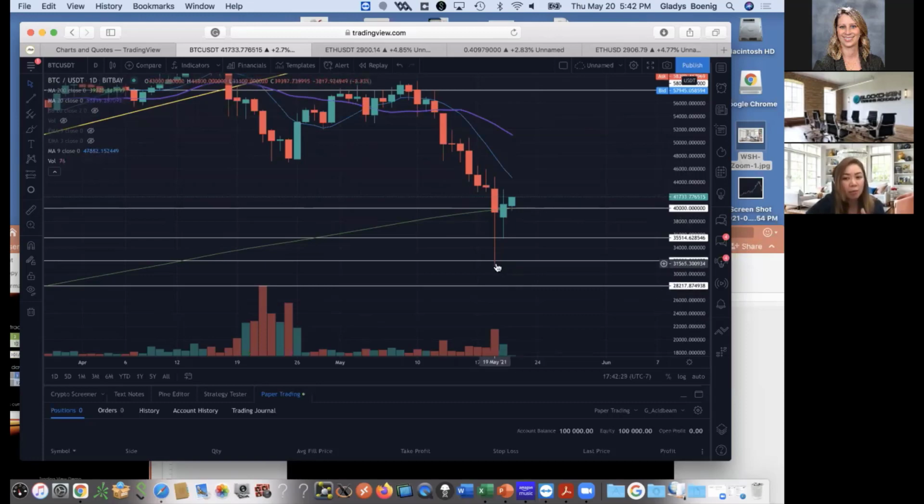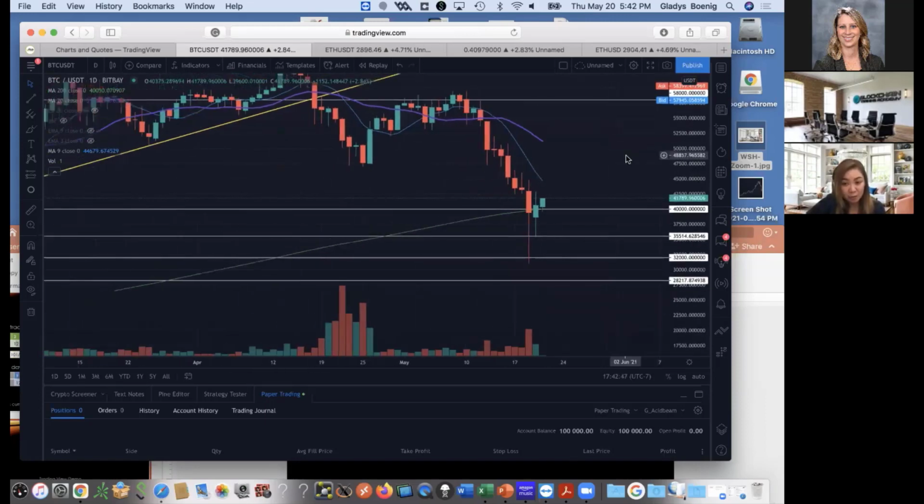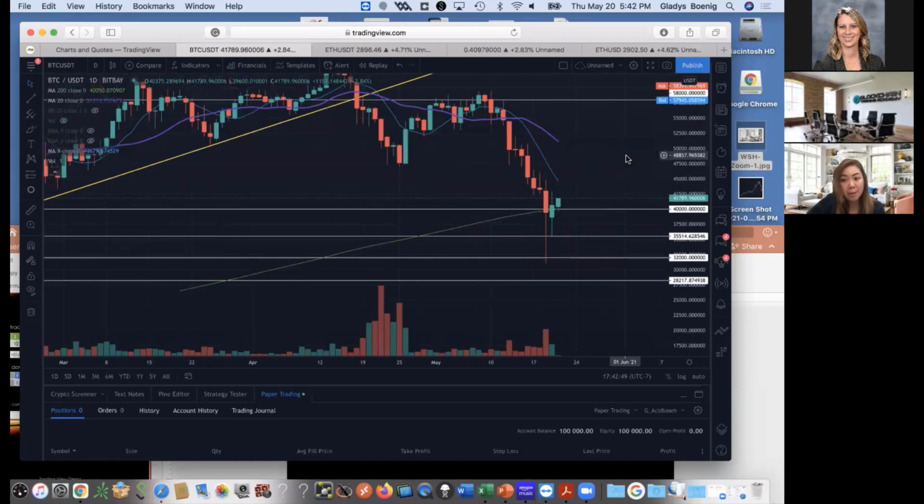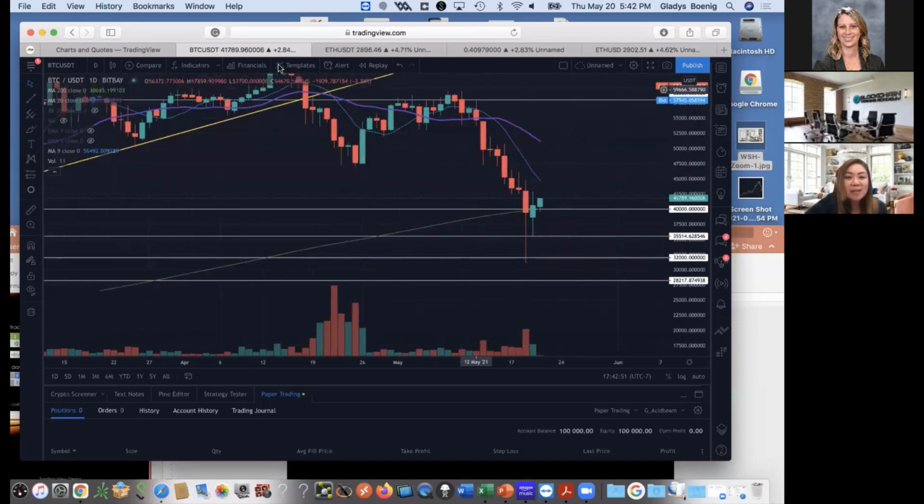It did hit a lower price, but there's a lot of buying pressure to keep the price above or around the 200-day moving average. So right now we are hovering around the 200-day moving average. If we go below this, then it might be a signal for a Bitcoin bear run. Okay, so that is something to keep in mind.